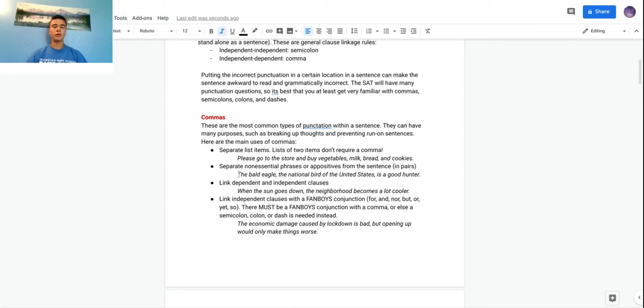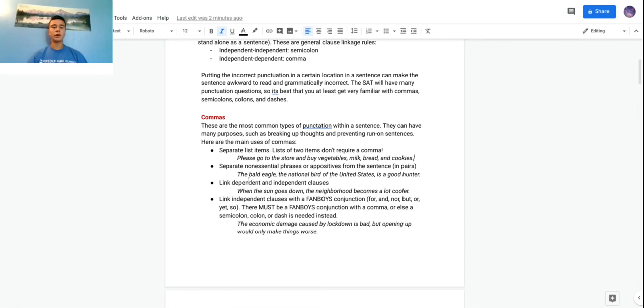In the sentence here, "the national bird of the United States" is not an essential phrase, because the sentence could just read, "The bald eagle is a good hunter." But the phrase is a good descriptive phrase put in there to help you understand what it is. Separating it from the rest of the sentence with two commas is one use of the comma.